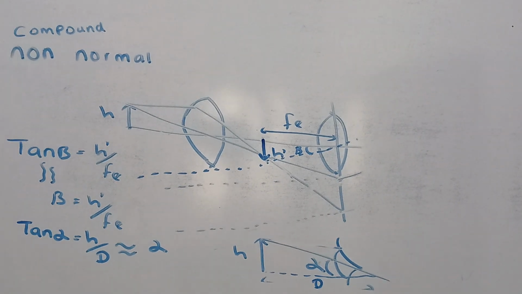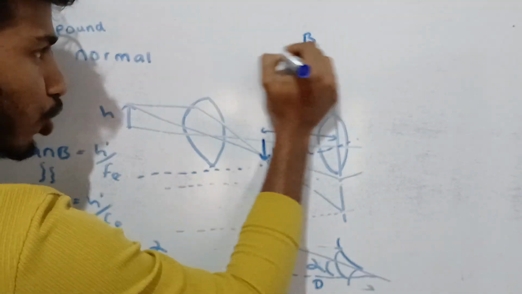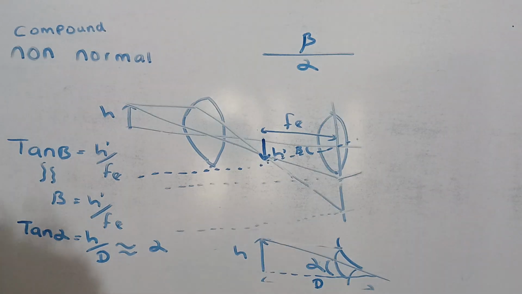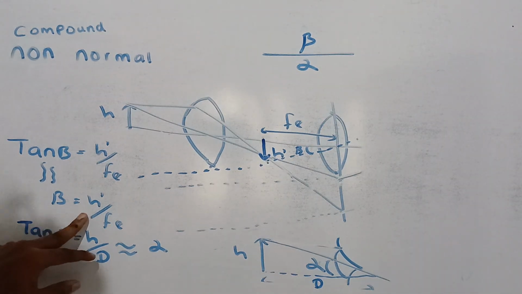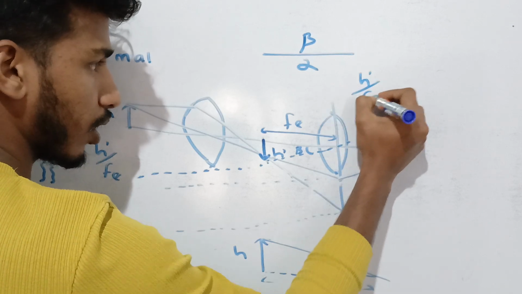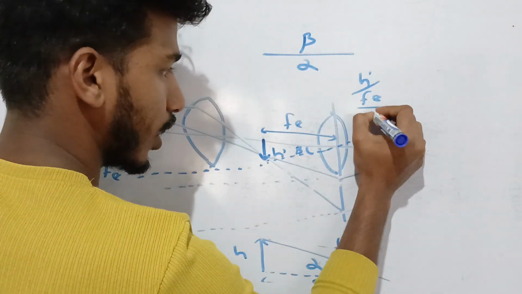So we know that the angle subtended when using the equipment over the angle subtended on the unaided eye will be your total magnification. So it is actually h dash over fe divided by h over d.